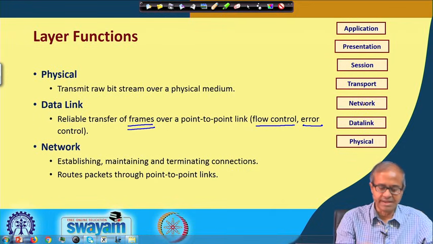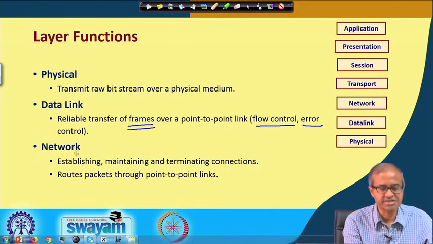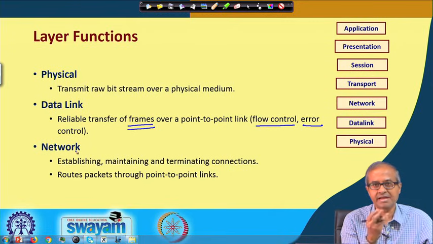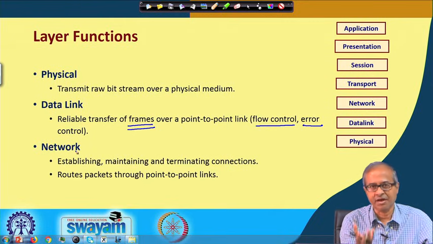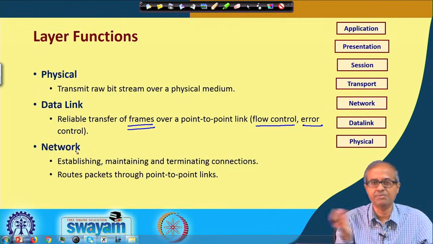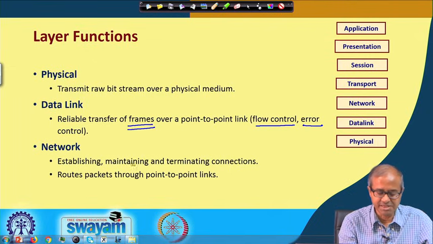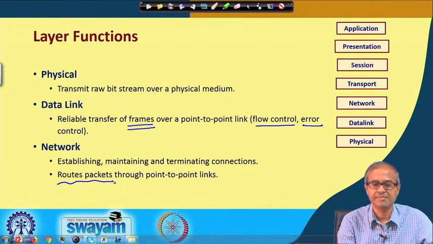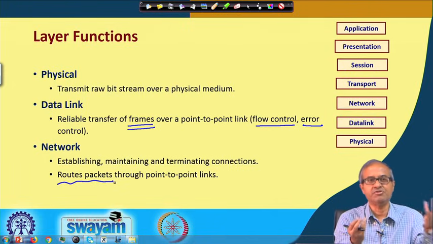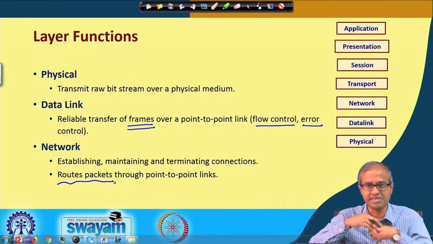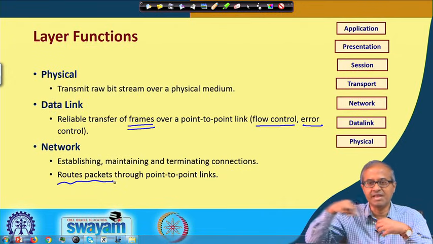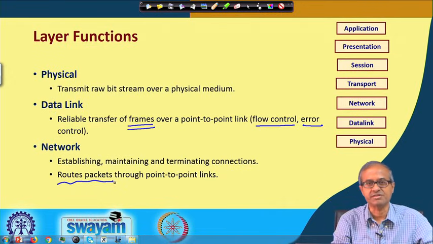Now, in the next higher layer, which is the network layer, packet routing or the transmission of the packets is the main concern: establishing, maintaining, terminating connections and routing packets. There may be several point to point links, but I want to transmit a packet from, let us say, myself to your computer, but there can be 100 intermediate computers.